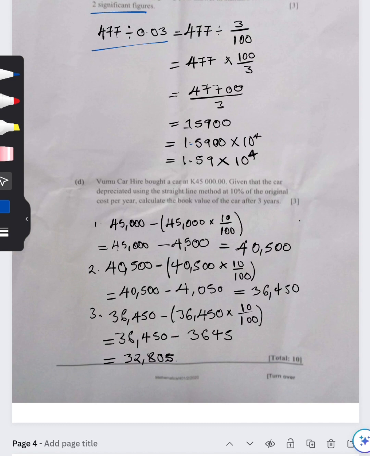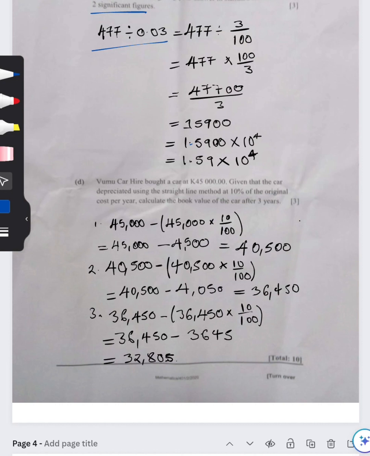Next we have D. It says Vimuka Haya bought a car at 45,000. Given that the car depreciated using the straight line method at 10% of the original cost per year, calculate the book value of the car after 3 years. So you can use the formulas that you learned in class, but this problem I just solved it from the understanding of the question.